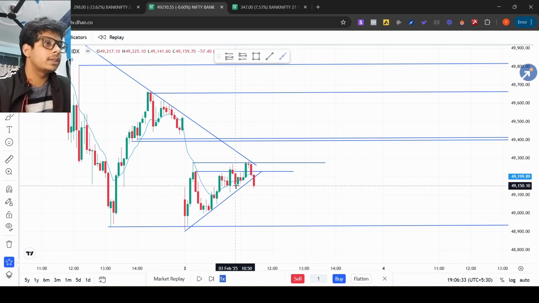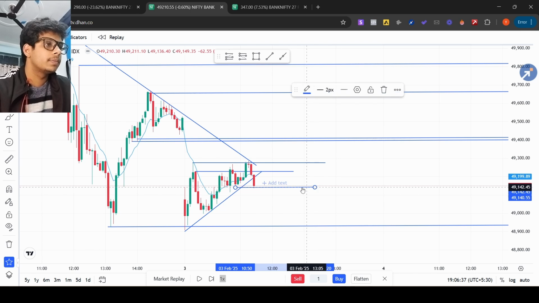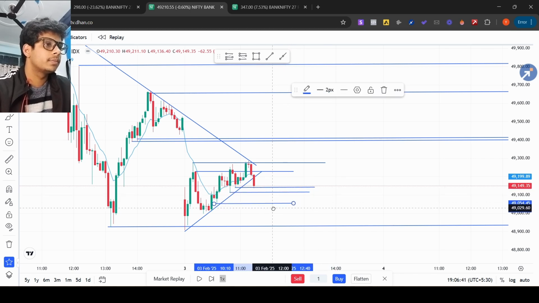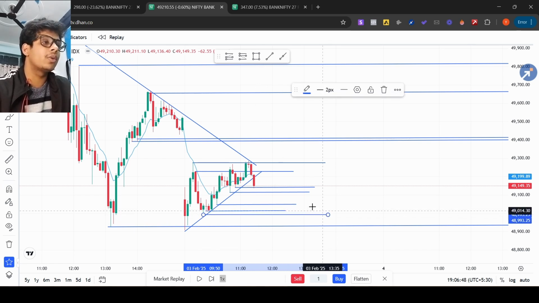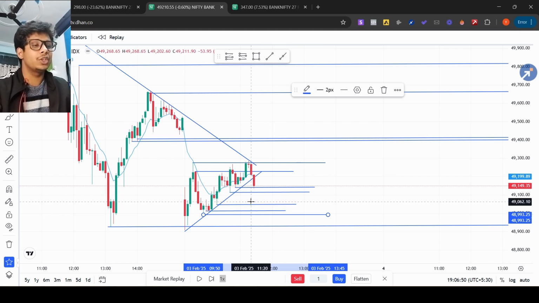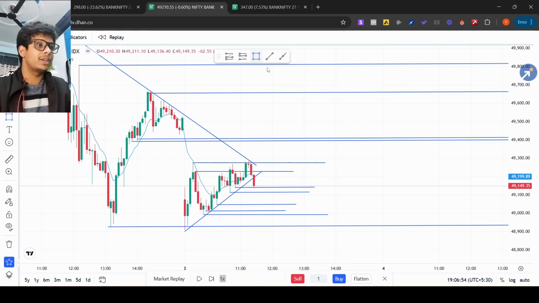So these are the trend lines that I'm talking about. Let me draw this. It's ideal to not trade when there are a lot of POIs or trend lines concentrated onto a single point, a single space, whatever you want to call it.